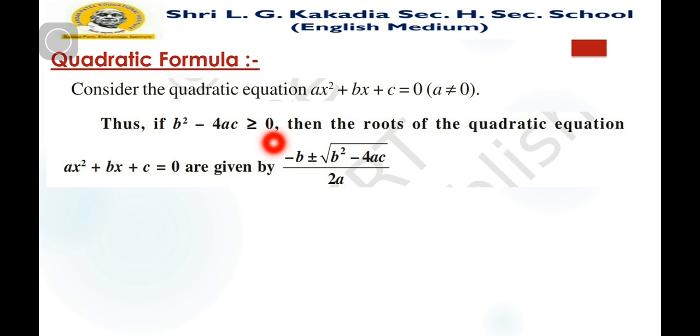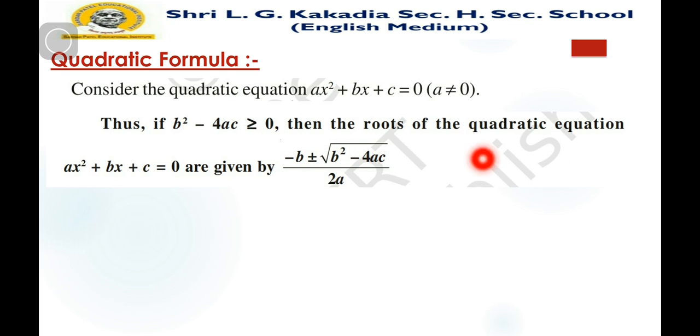If we find the value less than 0, then we cannot find the real roots of the given quadratic equation. So we take the condition b square minus 4ac greater than or equal to 0. It must be greater than or equal to 0.